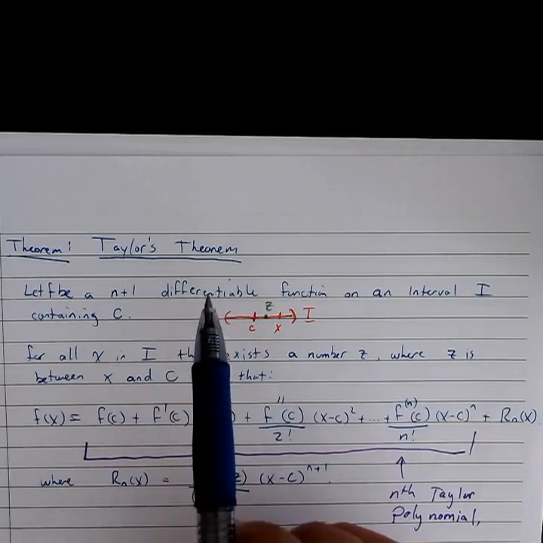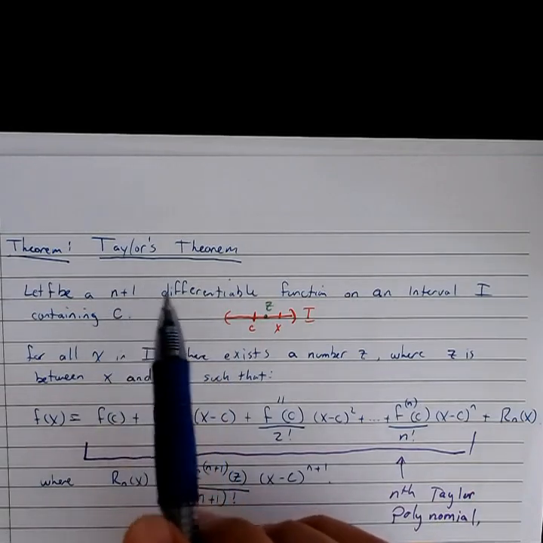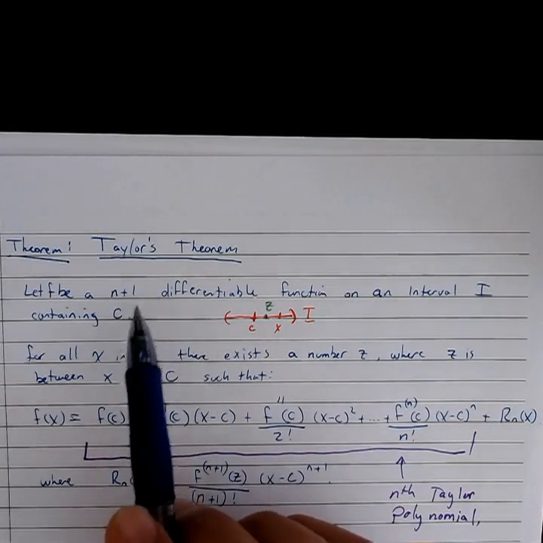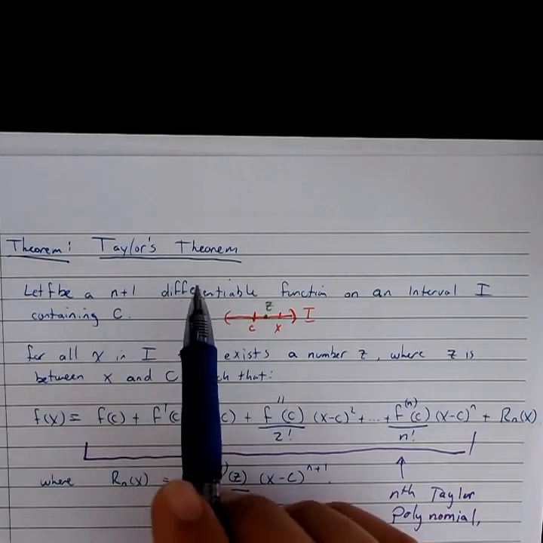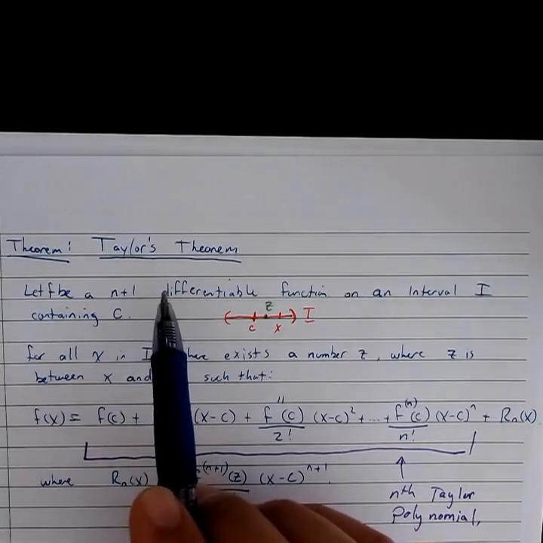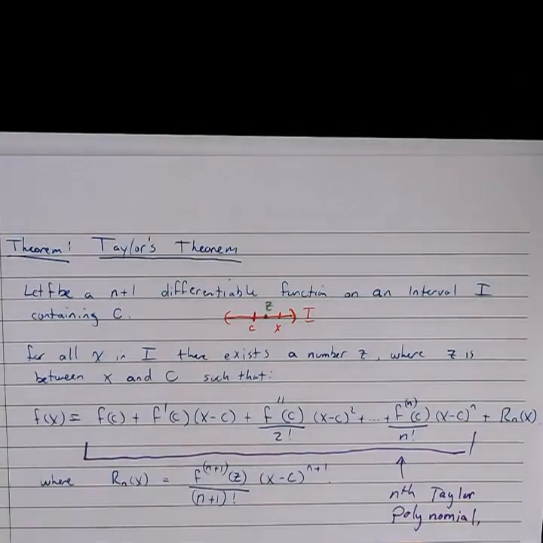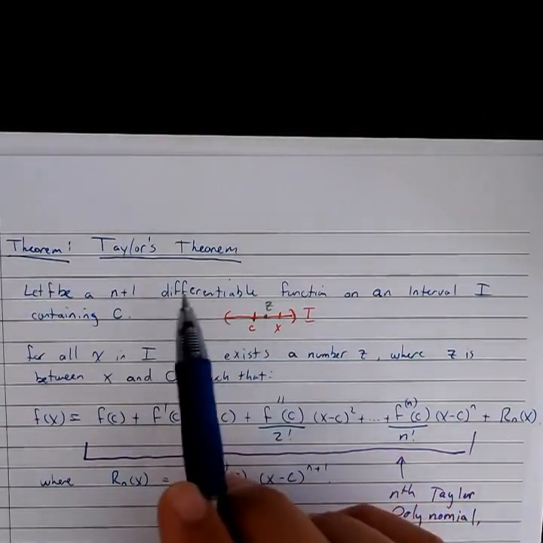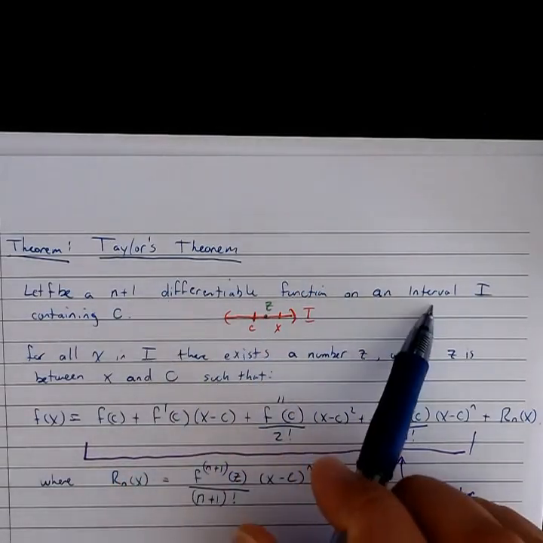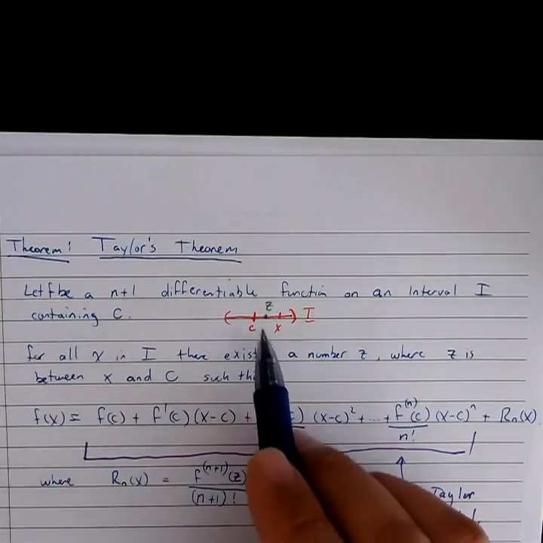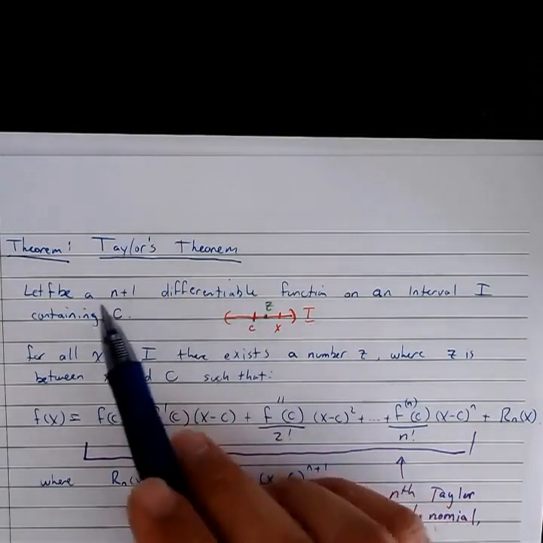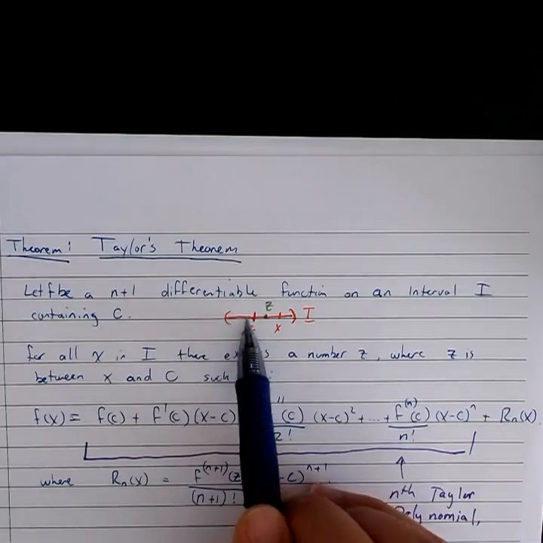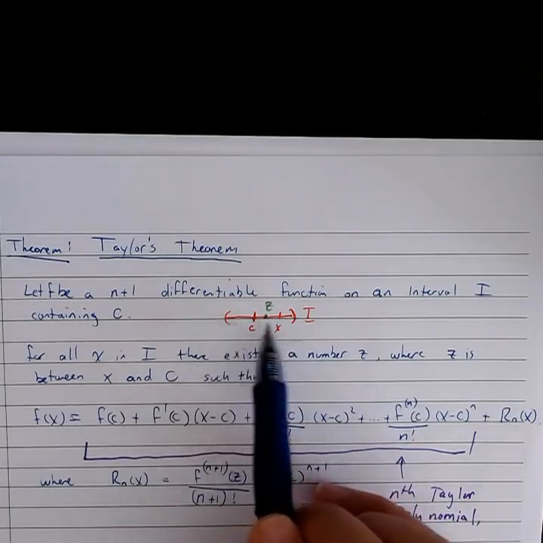Now let's let that function have all of those derivatives at some number c, meaning at each of those derivatives, I could plug in the number c. But also, let's have that function and its n plus 1 derivatives be defined on an interval around c. Meaning, I know I can plug in c into the function and its derivatives, but I also want to be able to plug in a bunch of other numbers that are around c.